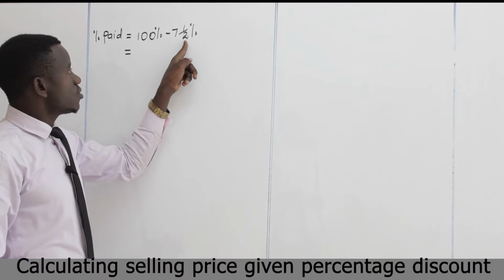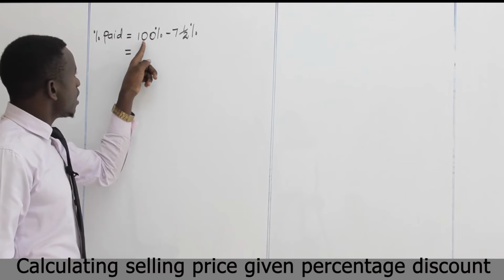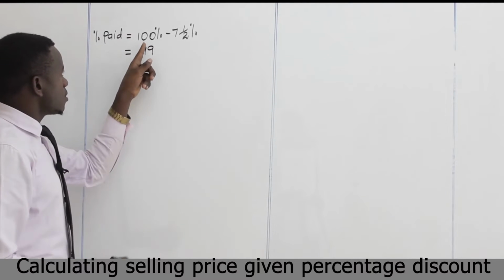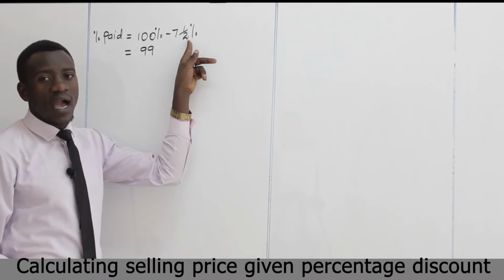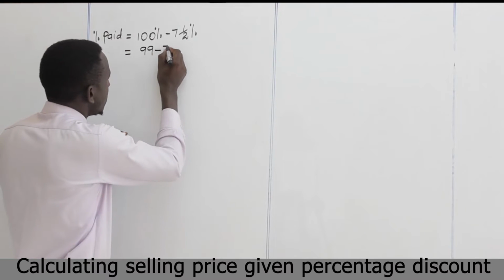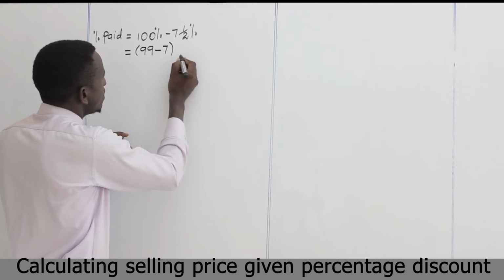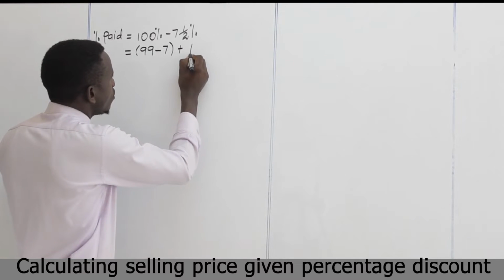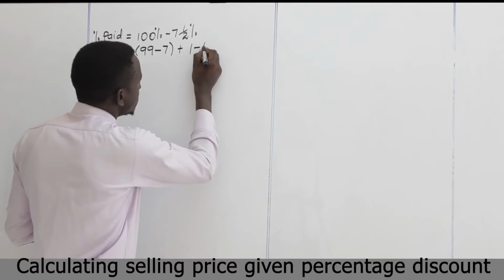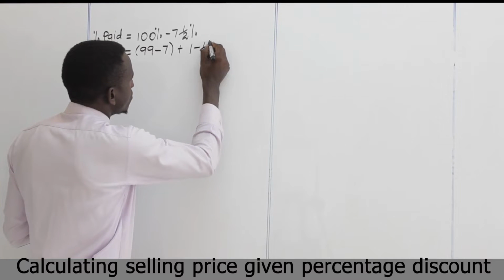We have a fraction, which means we shall have now 99%, because one whole is taken by a half, so we shall have 99% minus another whole, then plus one whole which was taken by a fraction here, minus a half.